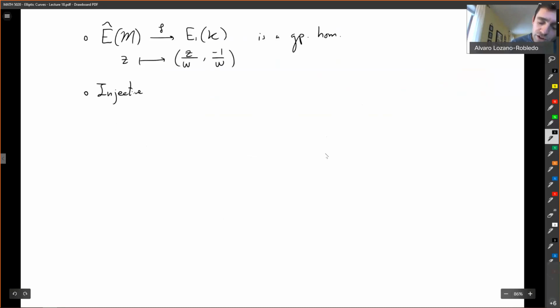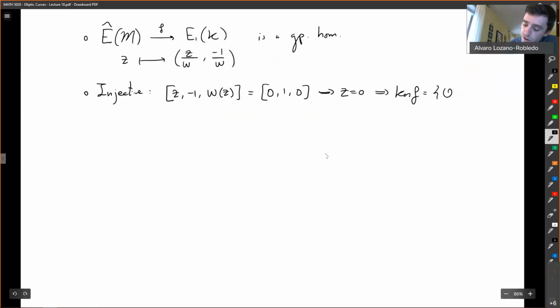It is a group hom, so I just need to know what is the kernel. Well, if something reduces to 0, then it must be that Z is 0. So the kernel of F is just O. So it is injective. And now I just need to check that the map is surjective.